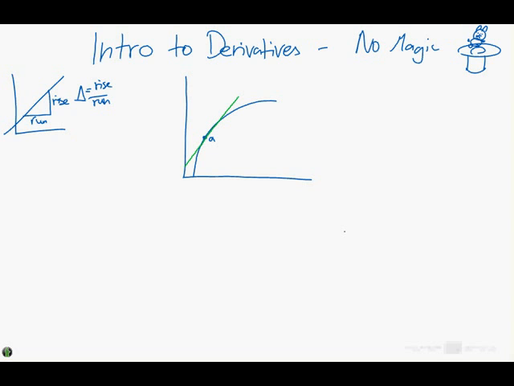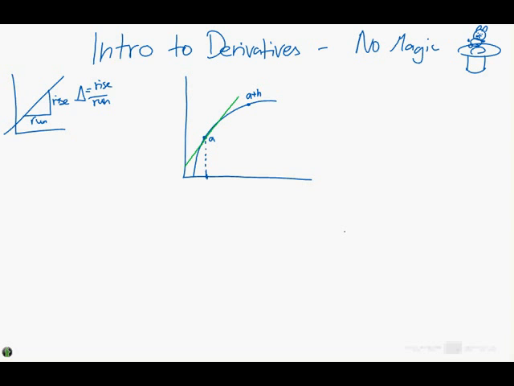What you're going to do is exactly what you've always done with gradients. You're going to find a second point, you're going to draw a triangle, and you're going to do rise over run. Okay? This is your second point here. I'm going to call this A plus H. You'll see why in a moment.